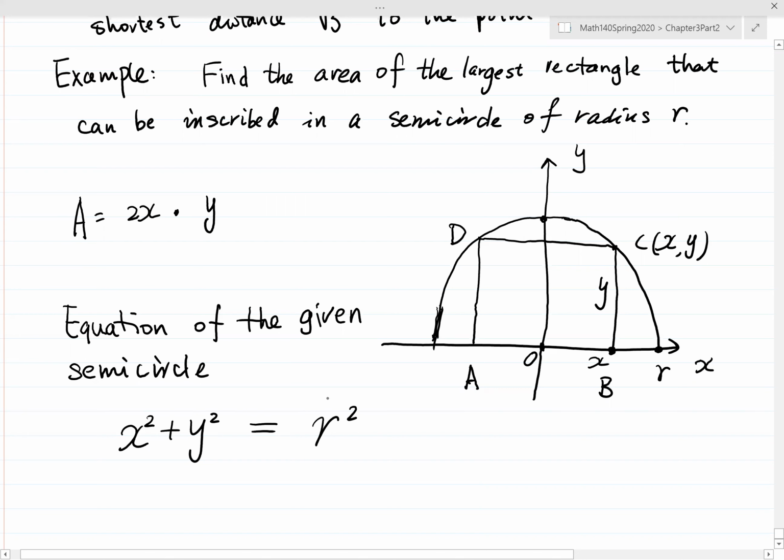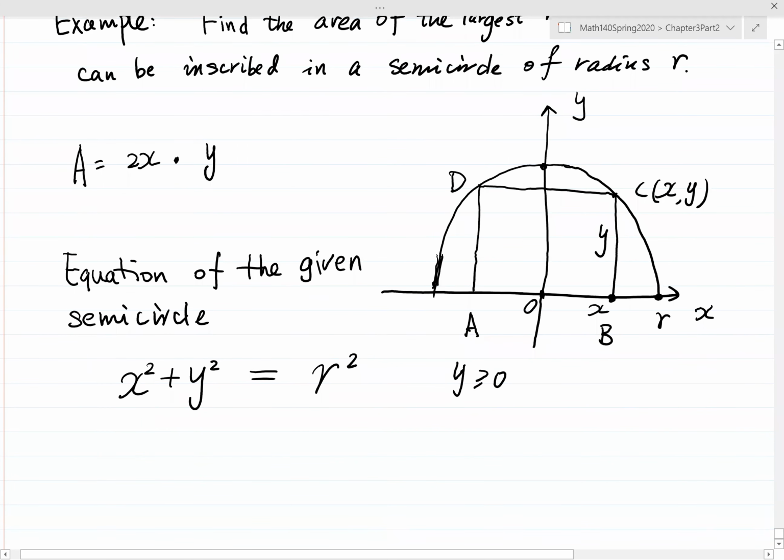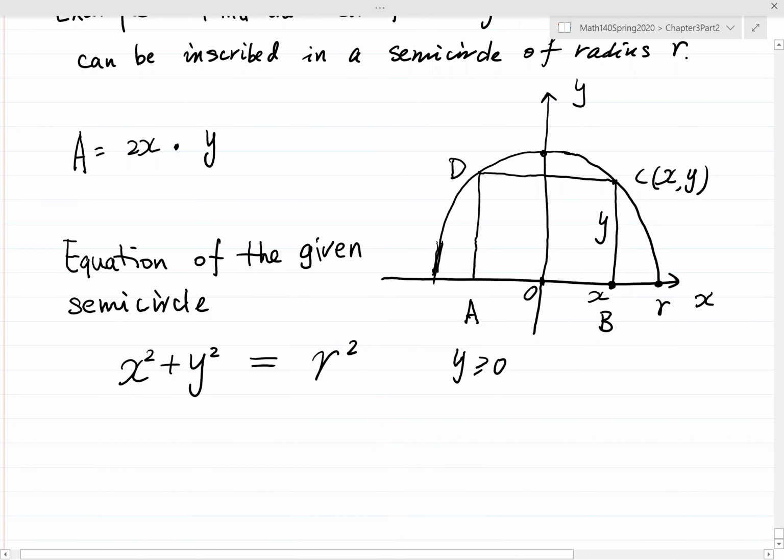The left side is the distance squared from the center O to the point (x, y). The right side is the radius squared. Here for the semicircle, we assume y is non-negative, so this is the upper half of the circle.